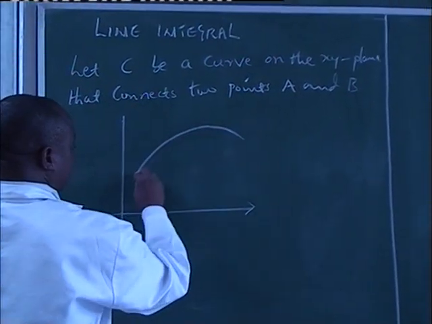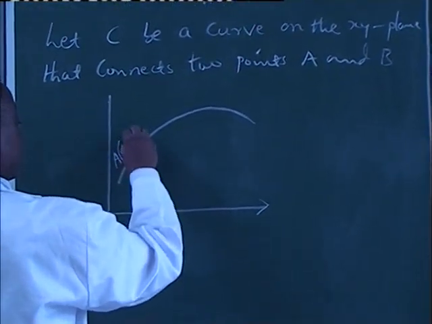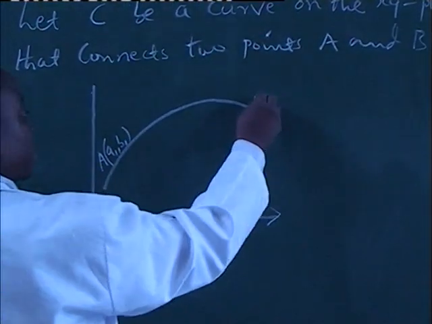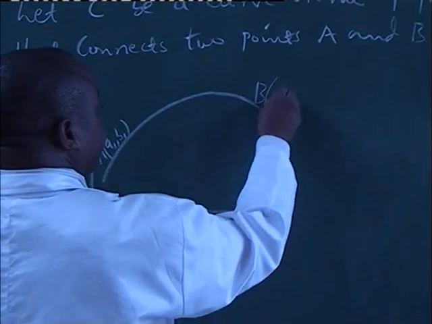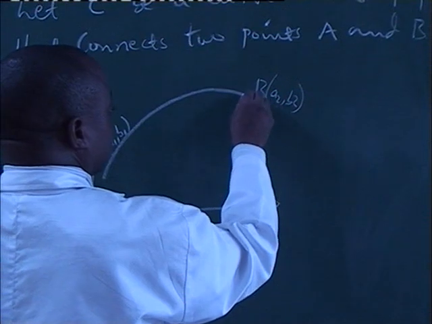We have a point A, with coordinates A1, B1. We have another point B, with coordinates A2, B2. It is a curve.